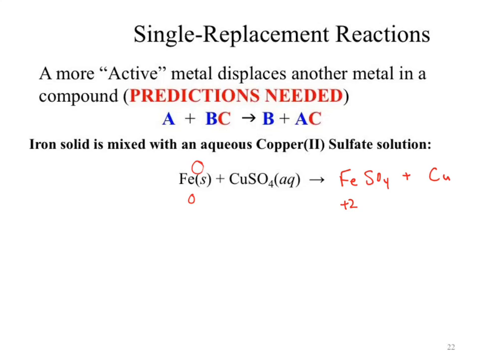What's the mathematical symbol for loss? Subtraction. Or sorry, how many electrons did it lose? 2. What's the charge on an electron? The net result is what charge? Positive 2. There's where our plus 2 came from. It's a loss of 2 electrons.